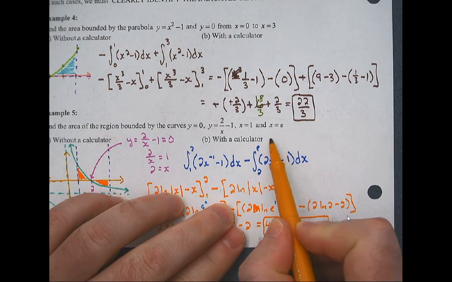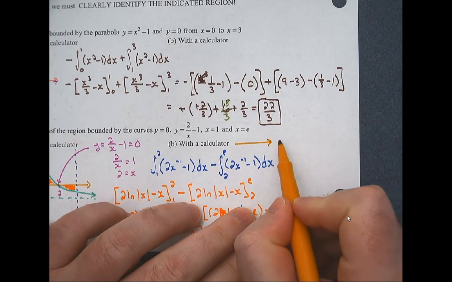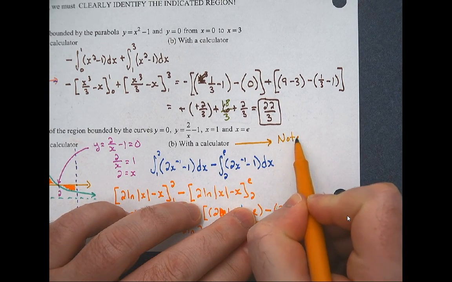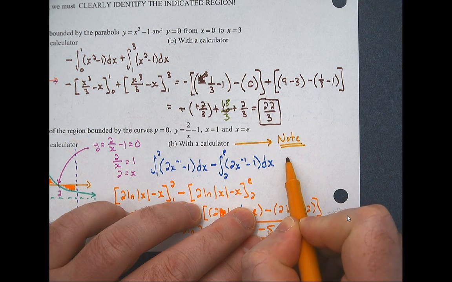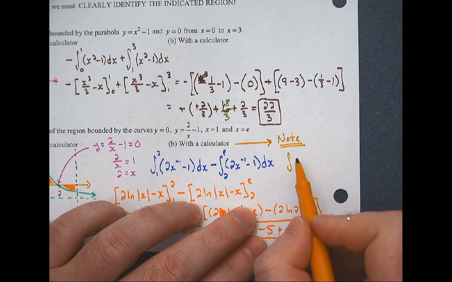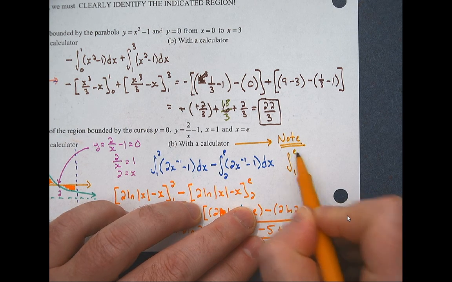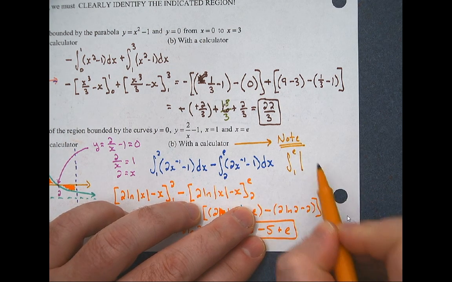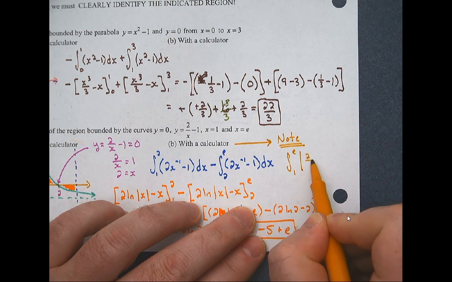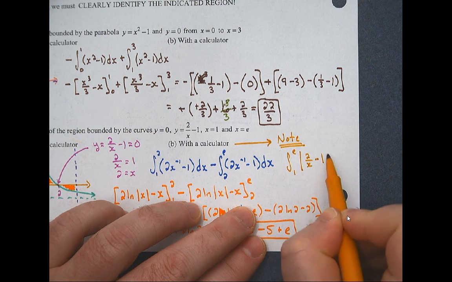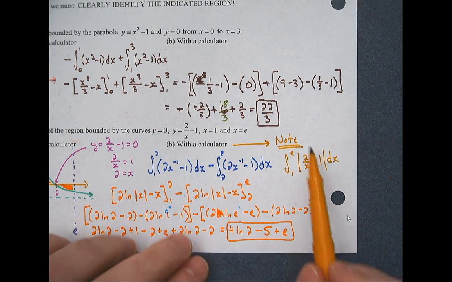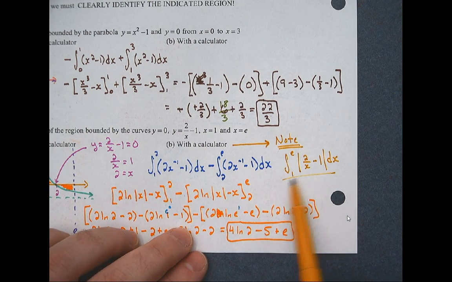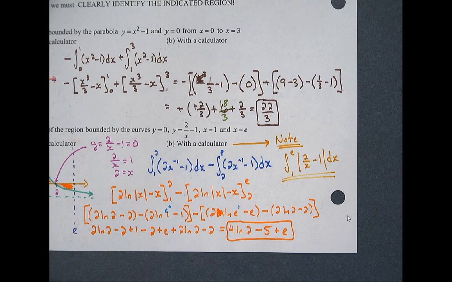So with a calculator, note, if you can use your calculator, you might want to change your integral to the integral from 1 until e, and then absolute value your function, because that will take all of those negative regions and bounce them up to being positive.